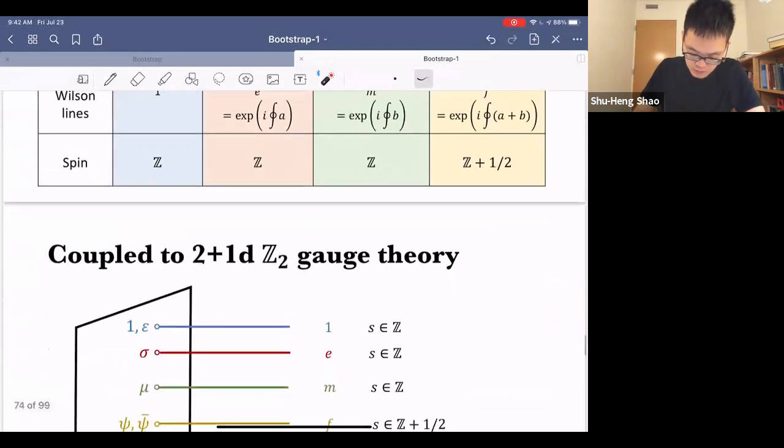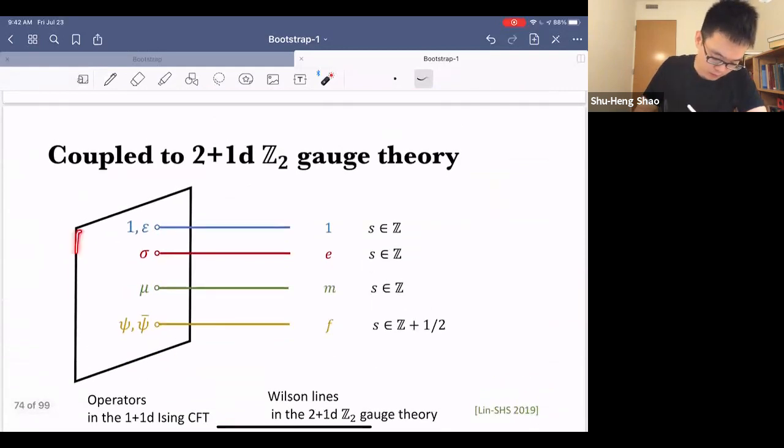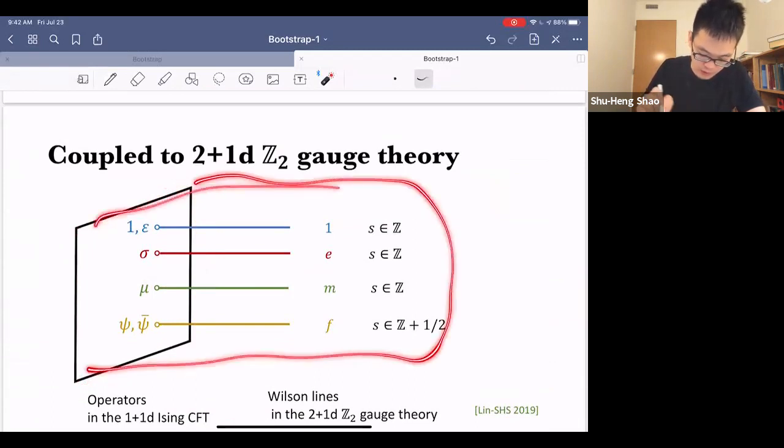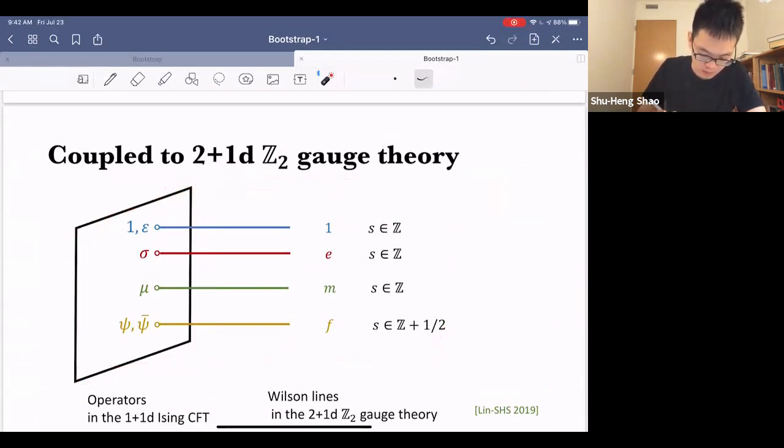And the physical way to understand it is that you start with the 1+1D Ising CFT. You couple to the Z2 gauge theory. After you couple them, what happens is that the four sectors of operators now live on the endpoints of this 2+1D anyon Wilson lines.